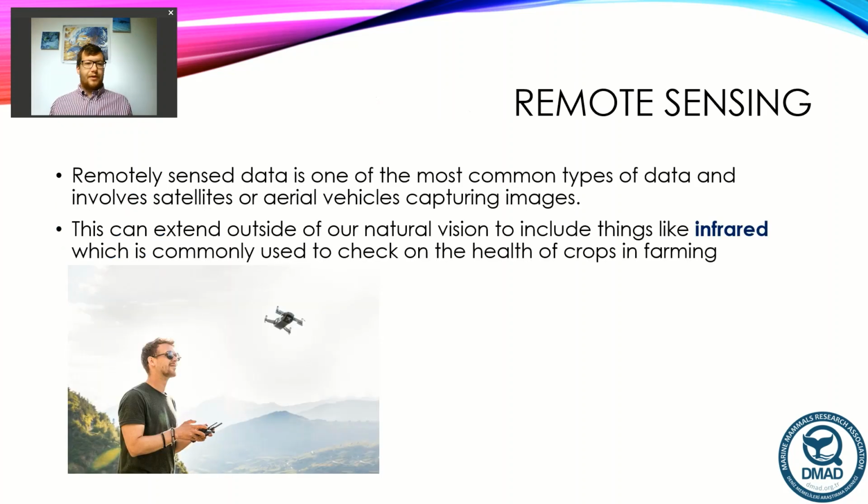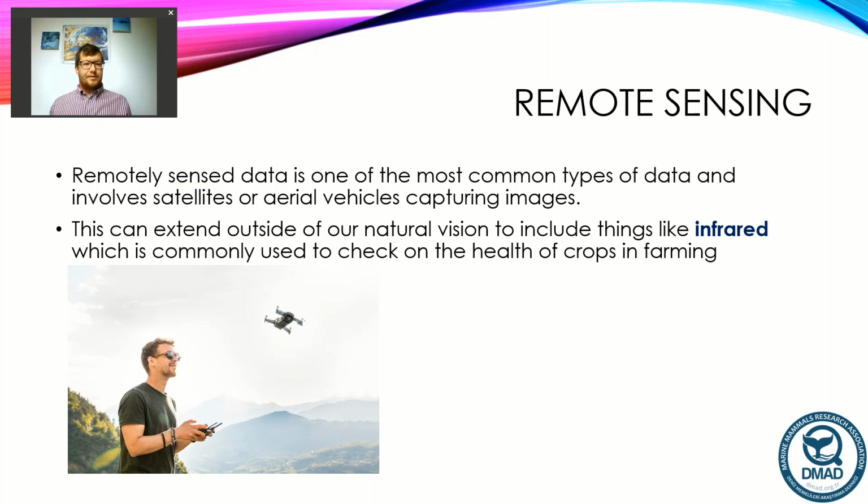Our remote sensed data is probably the more likely type of data, just because we have so much background mapping and things, and this involves images captured from satellites and also aerial vehicles. This used to mainly be done by planes, but now I'm sure you've noticed it's quite common to capture these sorts of images with drones, so with the unmanned aerial vehicles. And they can also be captured by things like balloons and stuff like that.